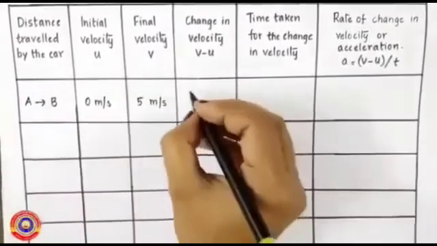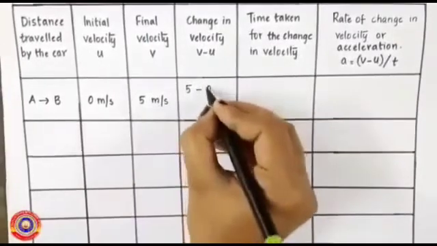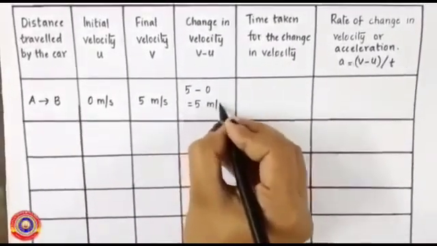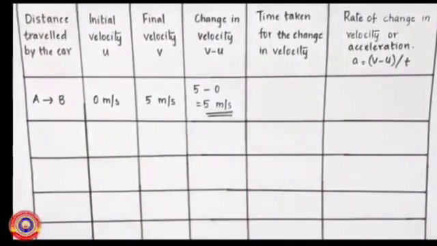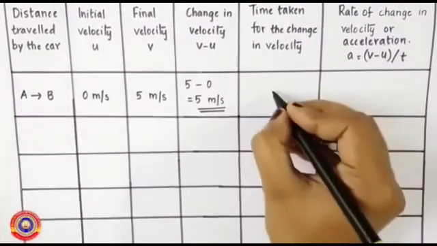The change in velocity is final velocity minus initial velocity, v minus u. That is 5 minus 0 equal to 5 meters per second. 5 meters per second is the change in the velocity from A to B, and it takes 5 seconds to reach the point B from A.